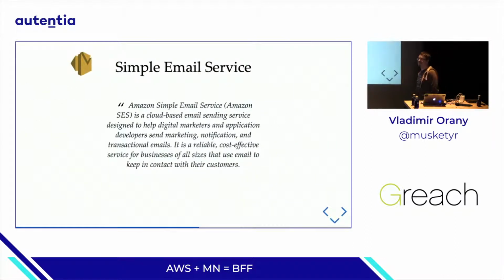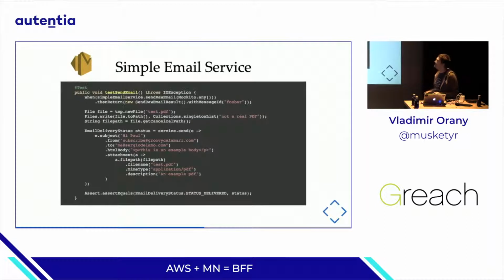Let's start with something really simple. Well, everything is simple except DynamoDB on Amazon. And Kinesis is also not simple, it's just Kinesis. So, Simple Email Service, just the way how to send email from Amazon. It should be simple. And it is. This is the Java code.